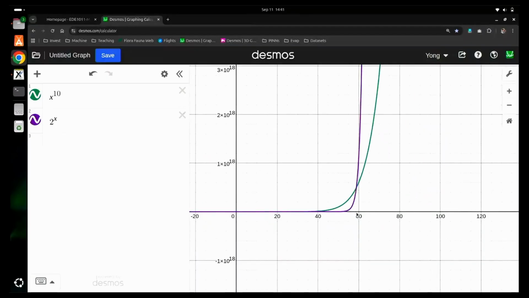At x about 60, my 2 to the power of x already overpowers the x to the power of 10. So there's always a crossing point. For some big x, exponentials will always be bigger than power functions, no matter what the base is. Of course, the base must be more than 1, not less than 1.